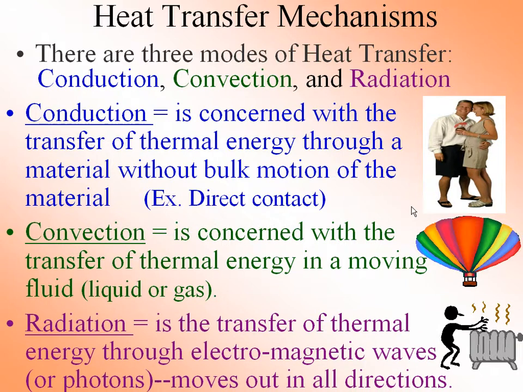Radiation is the transfer of thermal energy through electromagnetic waves or photons. The energy moves out in all directions, such as a radiator for heat. The heat radiates out in all directions.